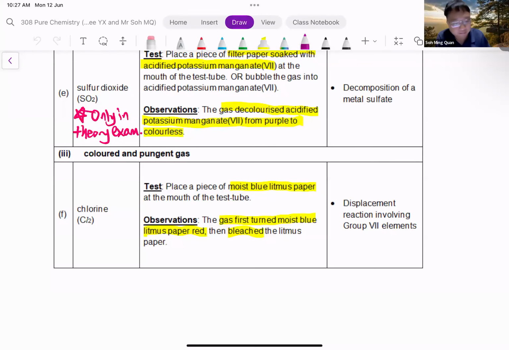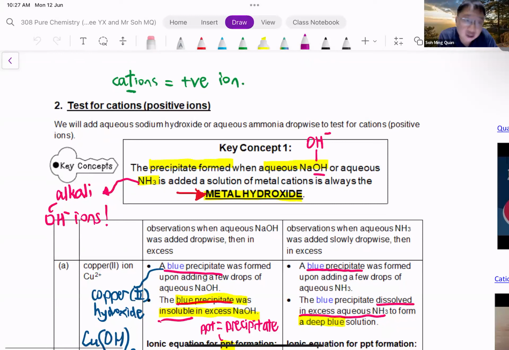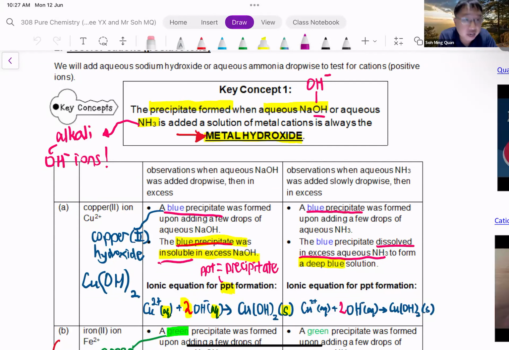Now, for the cations, there's a key concept here. We will always add aqueous sodium hydroxide dropwise until in excess, or aqueous ammonia dropwise until in excess to test for the cations. This is because it will form a precipitate. The precipitate formed is always the metal hydroxide.